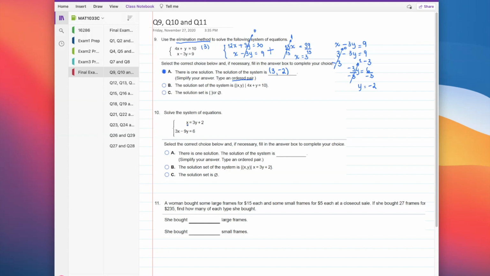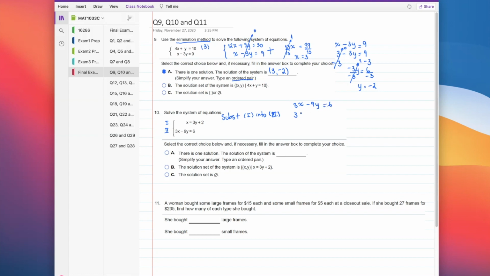This is solved for x, so I can do substitution. I can substitute the first one into the second one. If I call this one and this the second, I will start with the 3x minus 9y equals 6.